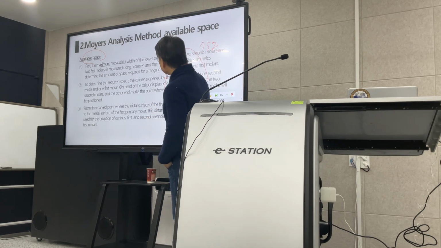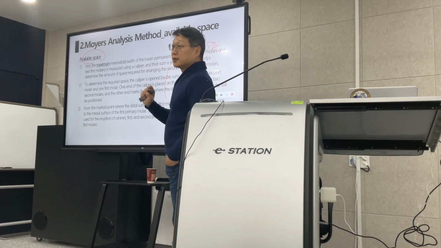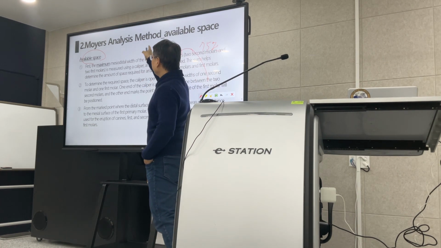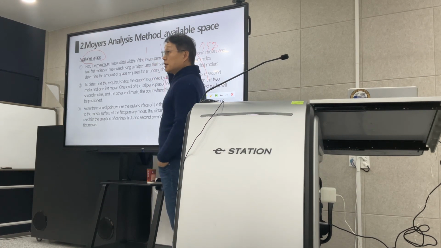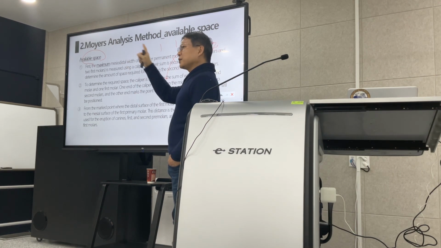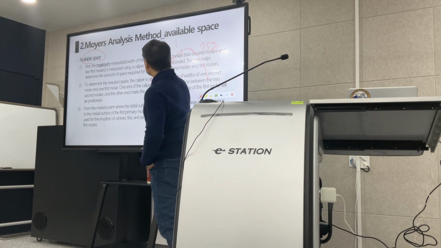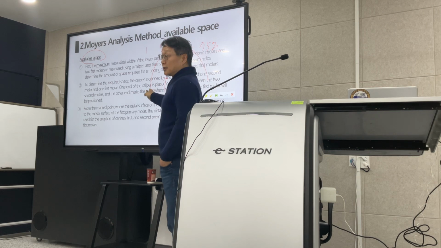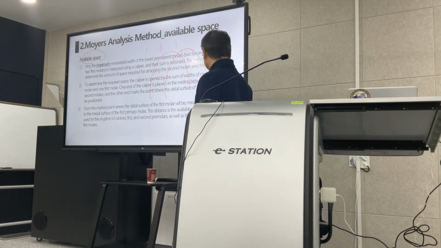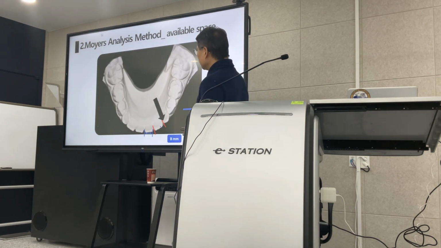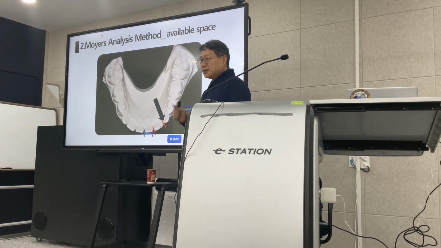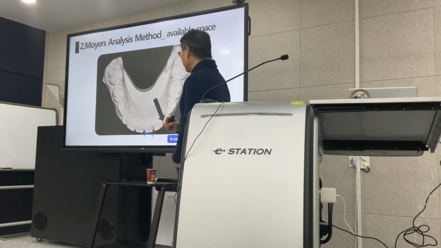The second, sectional measurement, is not so good. If you choose the first sectional method, you have to use it all the time. And if you use the surrounding measurement, you have to use it all the time. So I just introduced how you can make the available space. It's just a little bit of the concept I will introduce.